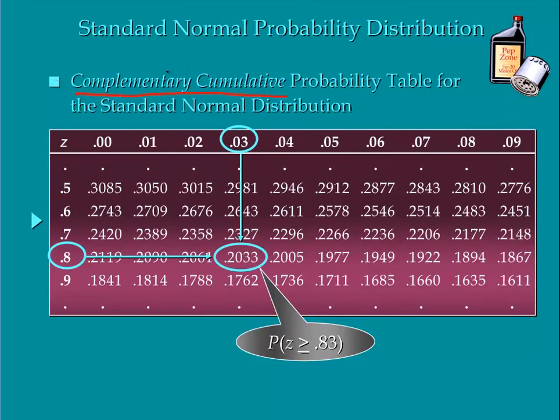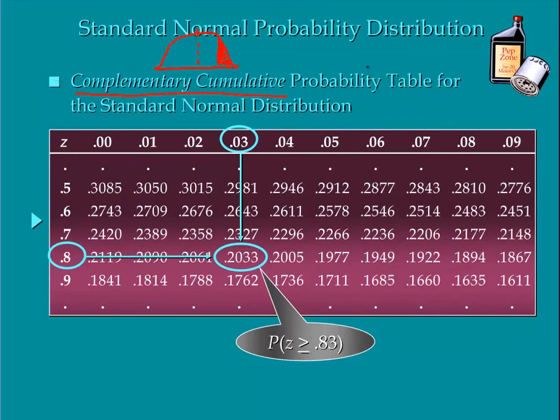Okay, so how would you know up at the top which table you're using? There are actually 3 types. There's the cumulative and the complementary cumulative. In general, you should have a little image up at the top of your page, and a complementary cumulative will have a sort of image like this.